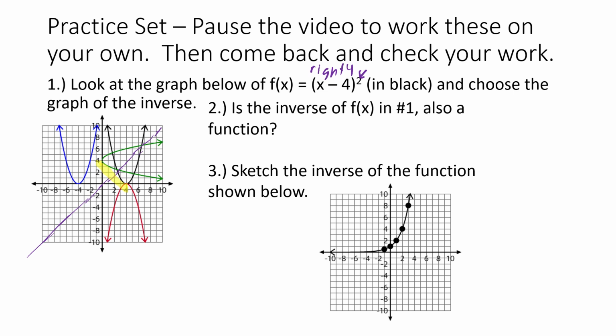Where the two coordinates are equal, where they're intersecting, or at least where they're intersecting some of the time, is on the line. But look at this point of intersection right there. It's got its mirror intersection on the other side. That intersection and that intersection are on the line. You've got a mirror point there. If I look at where they're going off the grid, there's a mirror point there.